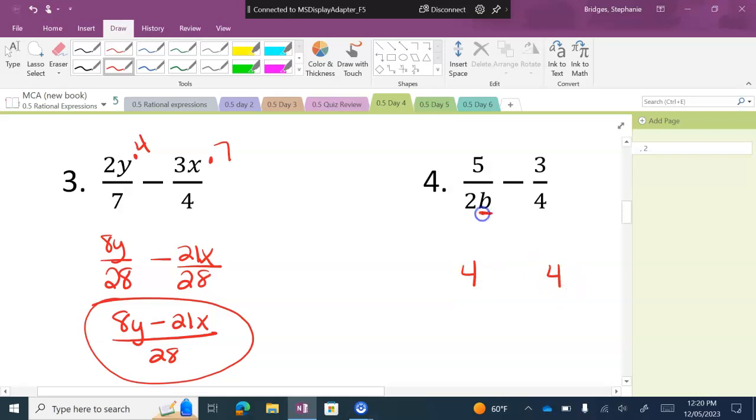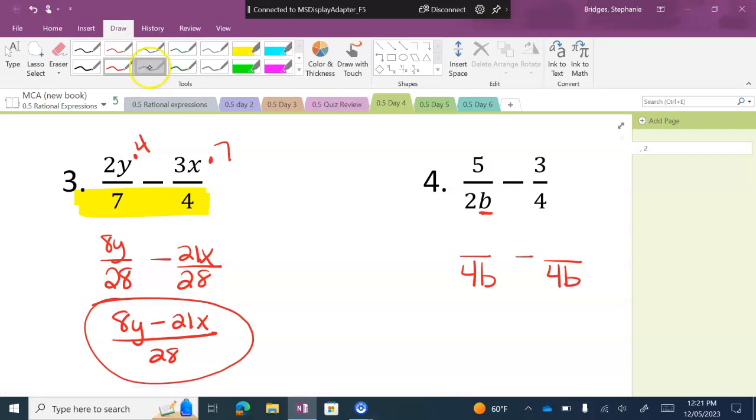But we also have to include that b, and so it's just going to be 4 times b. Do you see how here, to get our common denominator, didn't we essentially just multiply those two? Yeah. Okay, that's what we have to do. We have to include the variables by multiplying. Does that make a little bit of sense?